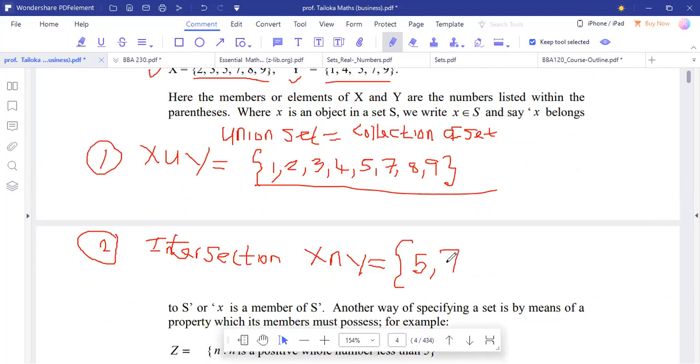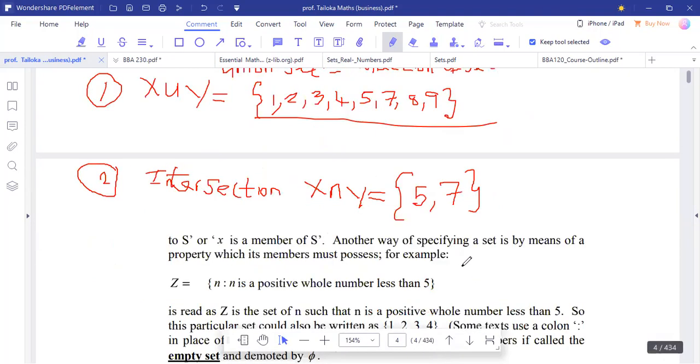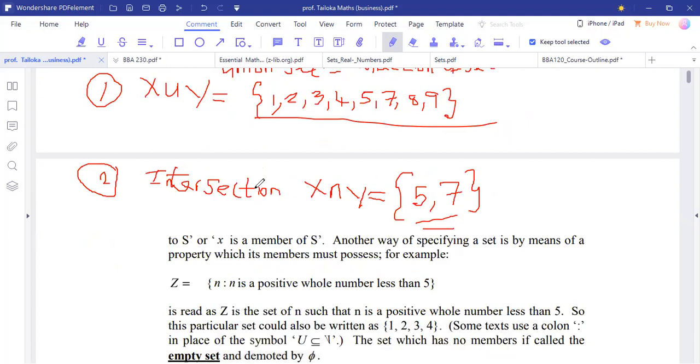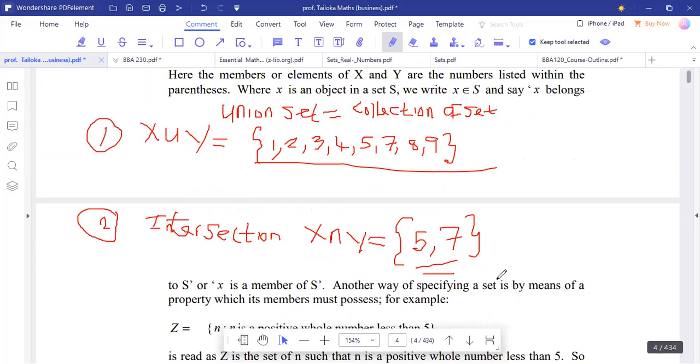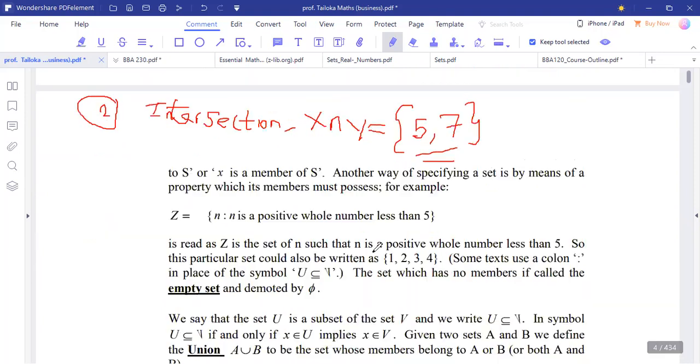These two represent the intersection set. So that's the intersection set, which is X intersection Y. The ∩ simply means intersection.